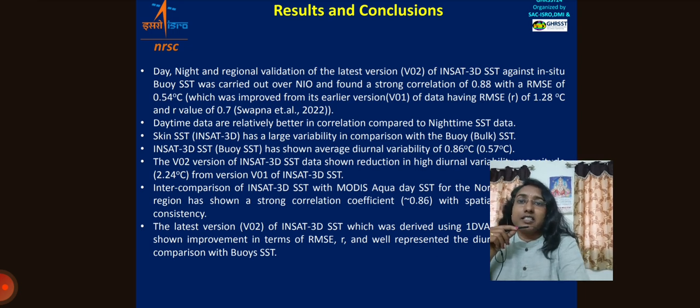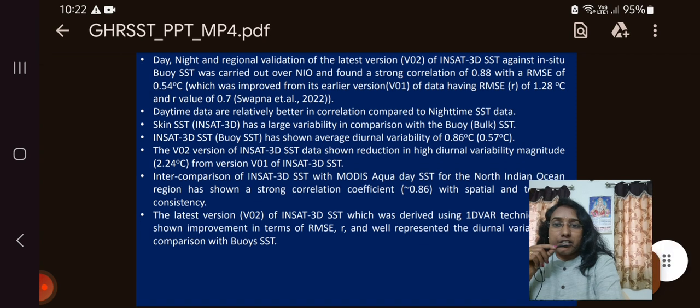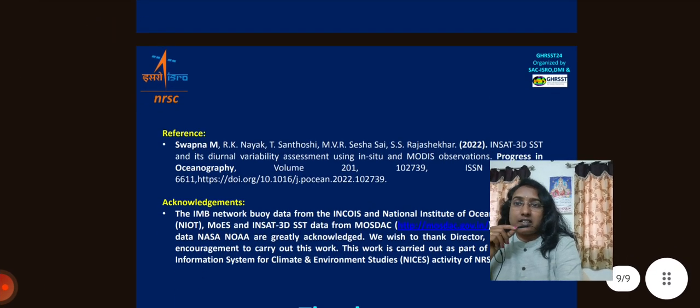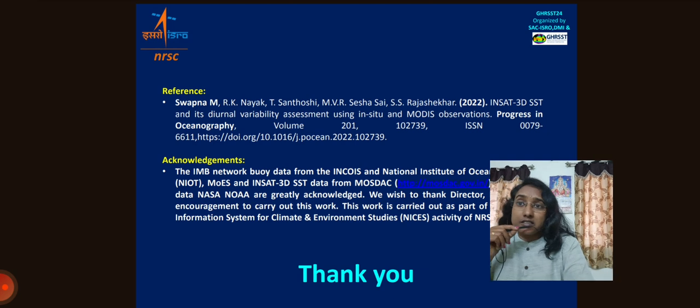As I told in the previous study, we had high RMSE and low correlation coefficient in comparison to the latest results. The paper which I was telling you about is Swapna et al. 2022. If you refer to this paper, you will find the detailed validation of the previous version of INSAT-3D SST.